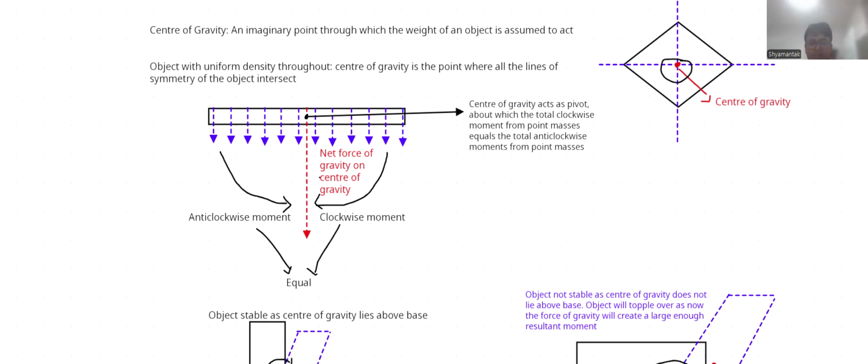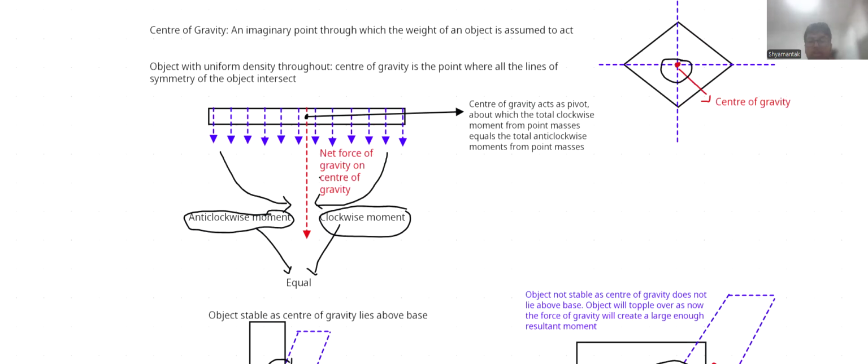Then at the center of the rod, there is this point where the total clockwise moment, which comes from the right direction, equals the total anti-clockwise moment, which comes from the left direction. So if you consider that point as a pivot, then the net moment is equal to zero.